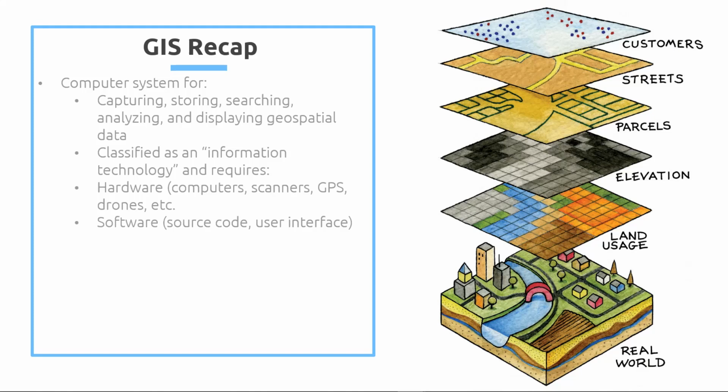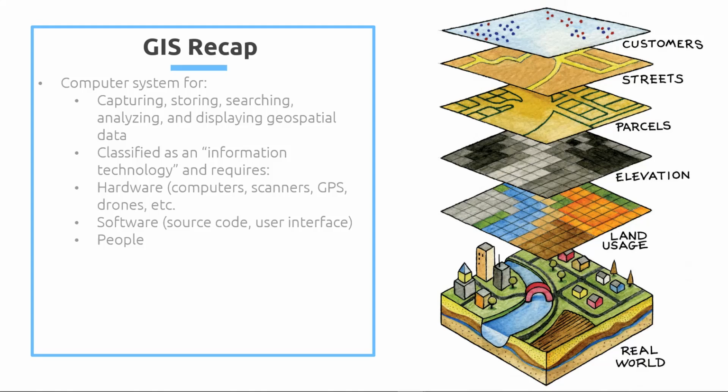Then you've got your software itself. If you remember, we briefly talked about that on Thursday. There is GIS software for basically anything you can think of, but the main big ones are ArcGIS and QGIS.